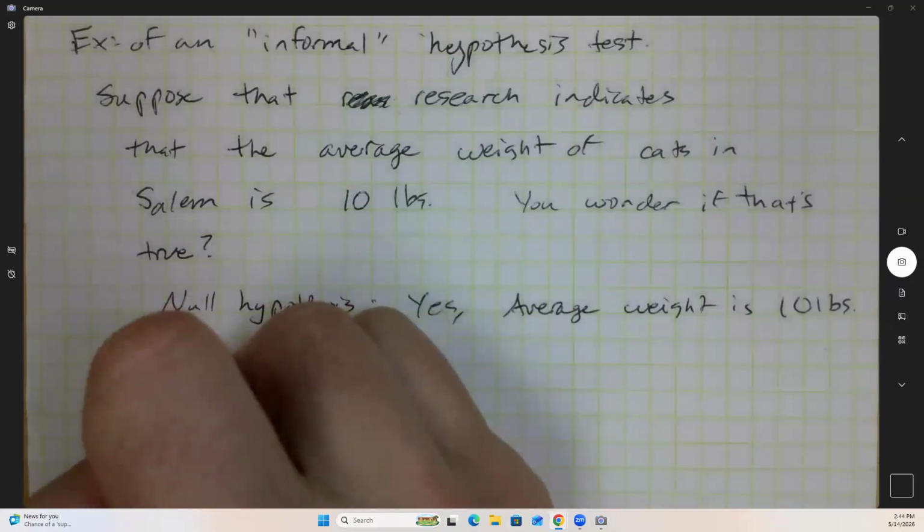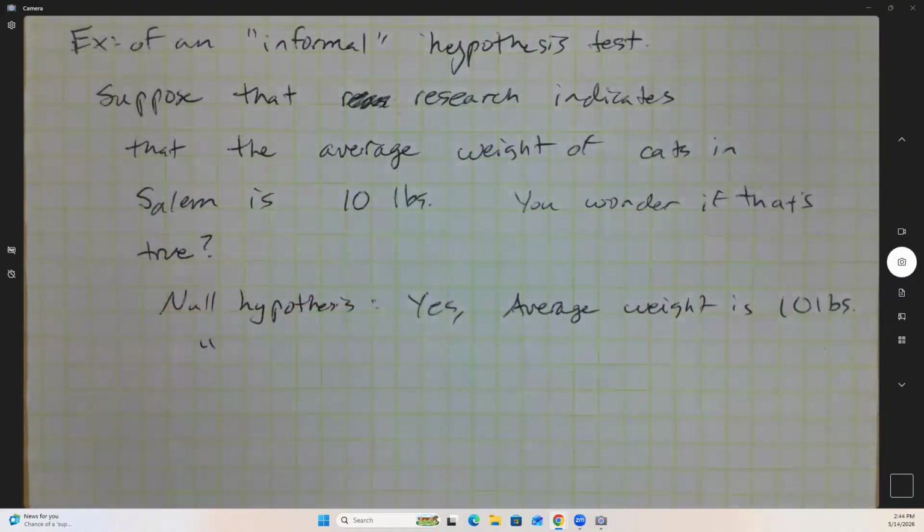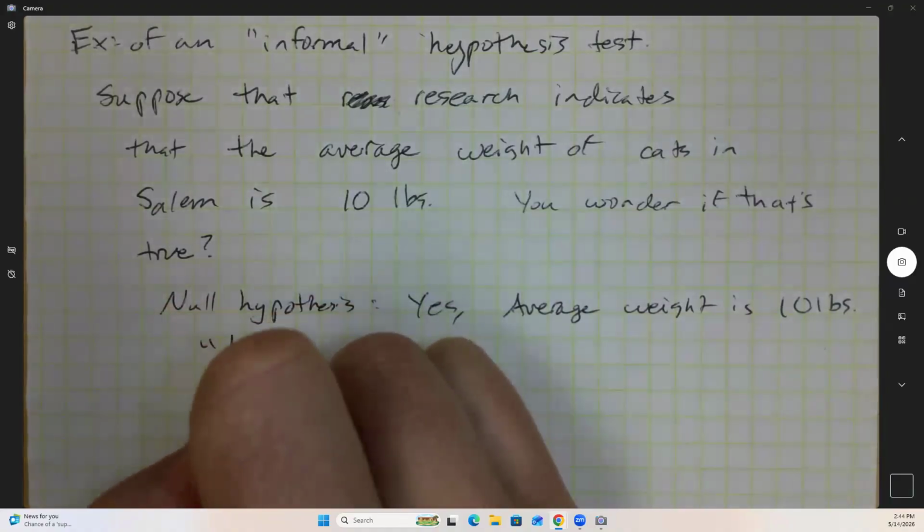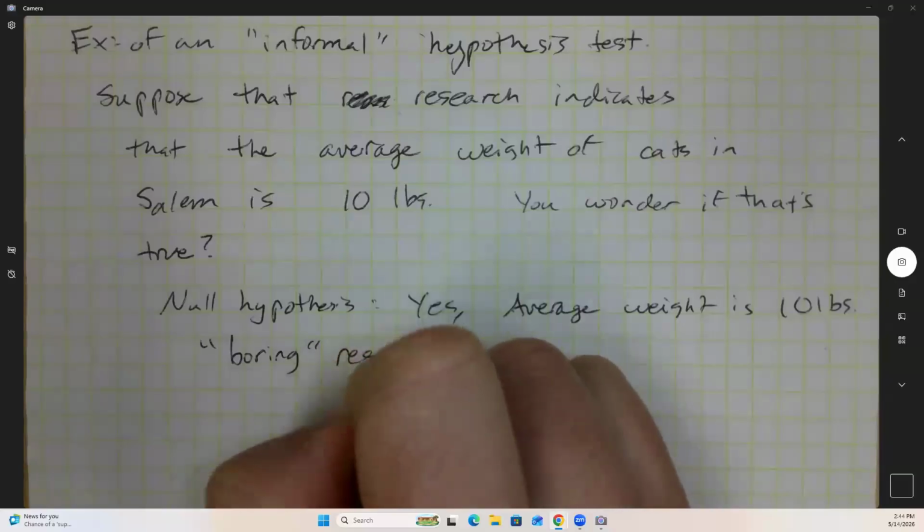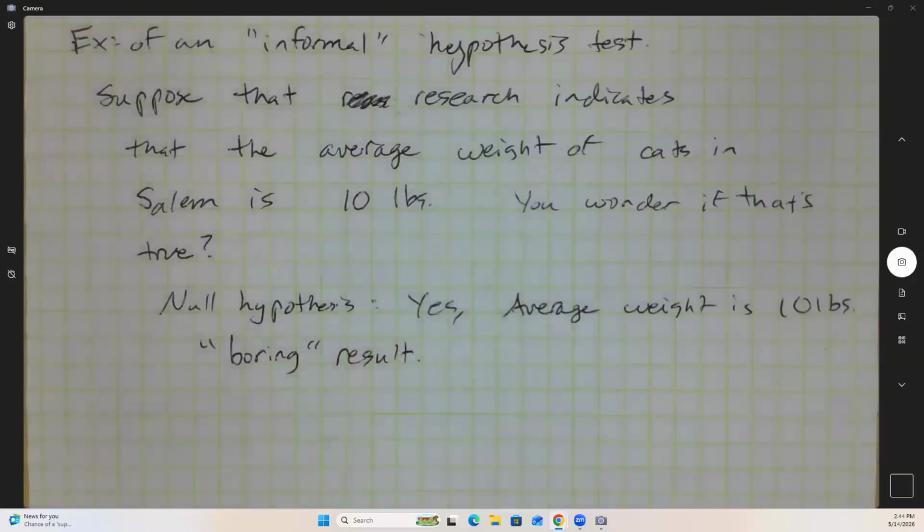I'm going to call this, very informally, the boring result because there's nothing more to do. If the average weight of cats in Salem is 10 pounds, you're done. You've got to study something else, maybe dogs, maybe cats in Eugene. I don't know, but you're not studying cats in Salem anymore. You've got to find something else to do.